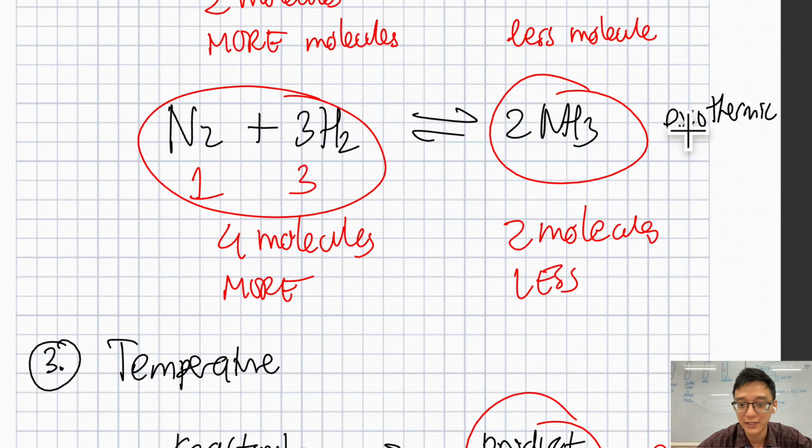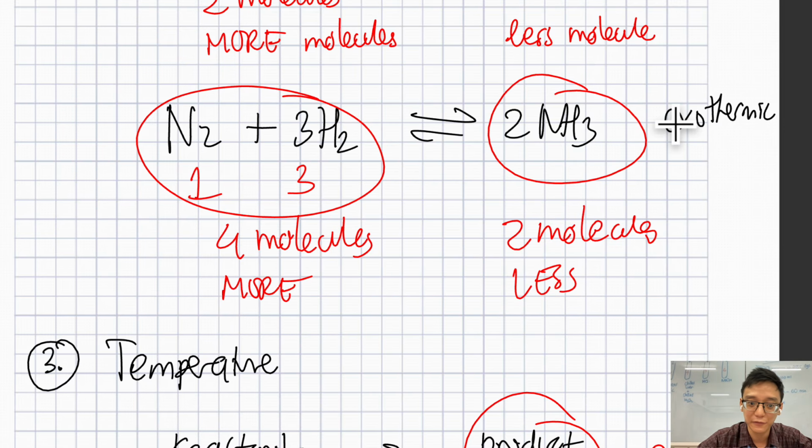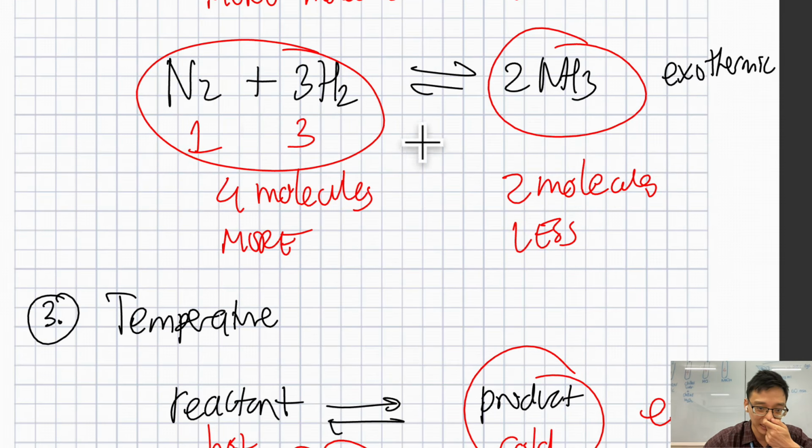If we increase the temperature, it means that more nitrogen and more hydrogen will be produced. So the ammonia will be taken away and transformed back to nitrogen and hydrogen. But if in this exothermic reaction the temperature is decreased, then more products will be formed, or more ammonia will be formed. So this is just an example.